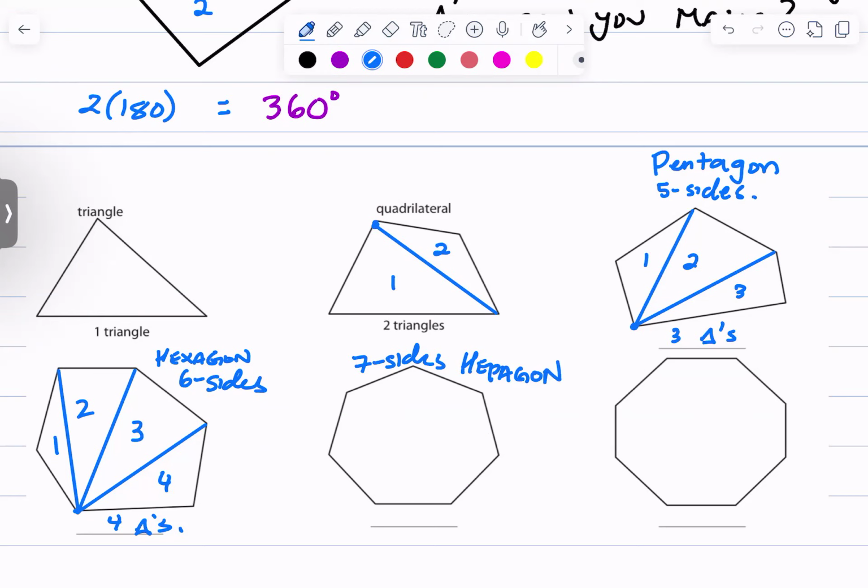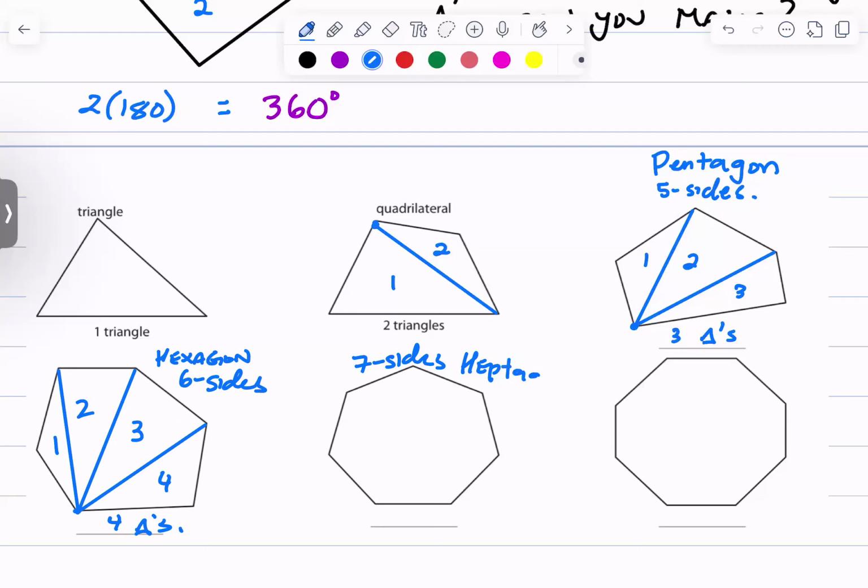Huh? I feel like I'm missing a letter. Yeah, I am missing a letter. Heptagon.